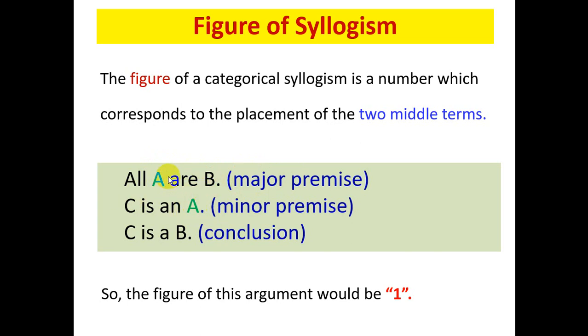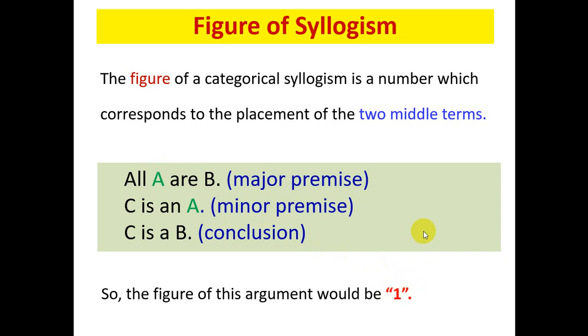So we noted that in the first premise A is in the left, and A is in the right in the minor premise. So this placement or this position of the middle terms indicates the figure of the syllogism, and this format is called figure 1.